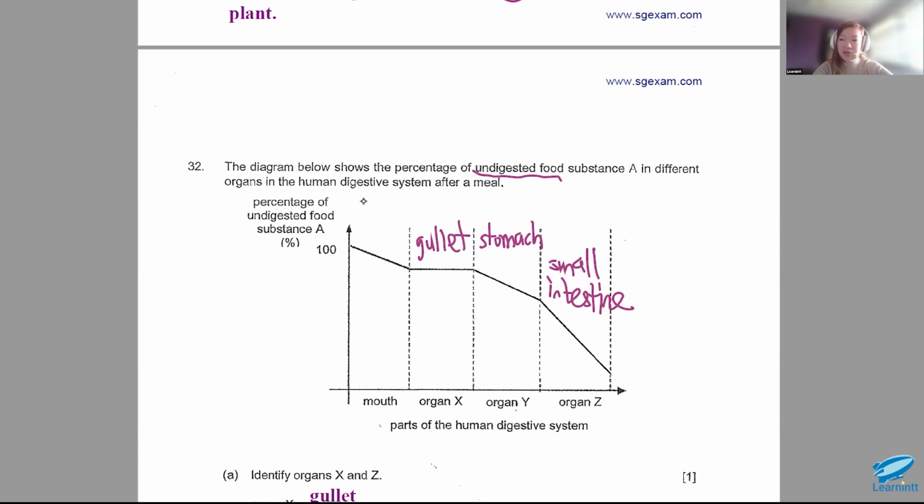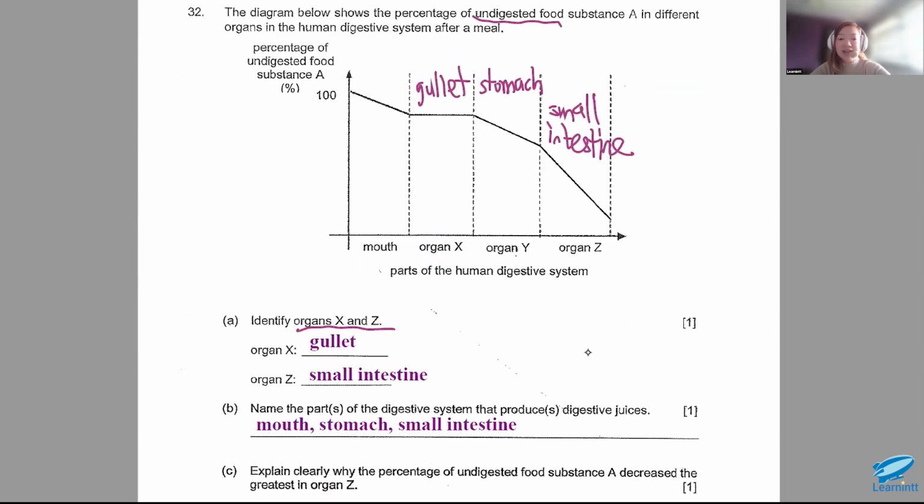And because of that, a lot more food is digested in the small intestine. So the percentage left will be very little, resulting in a very sharp drop, as you can see in the graph over here. Question: identify organs X and Y. Okay, so they are the gullet and the small intestine. Half mark, total 1 mark.